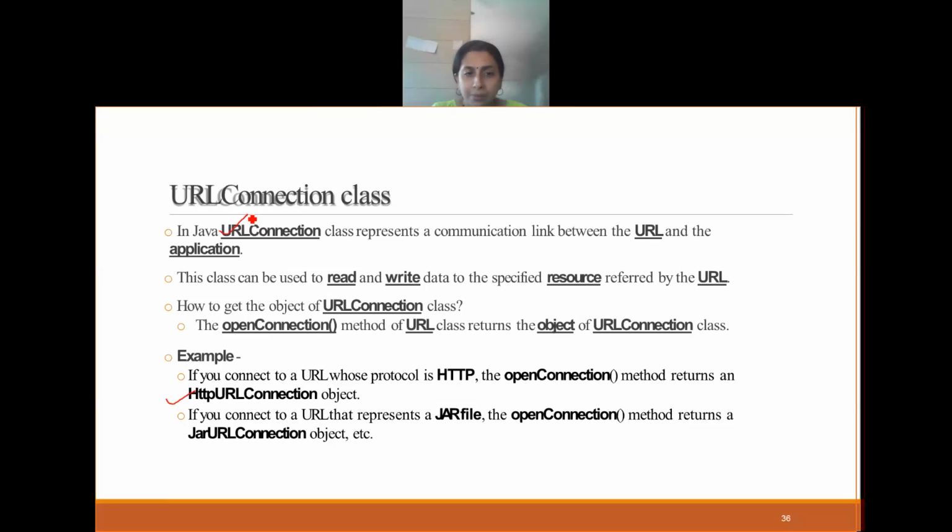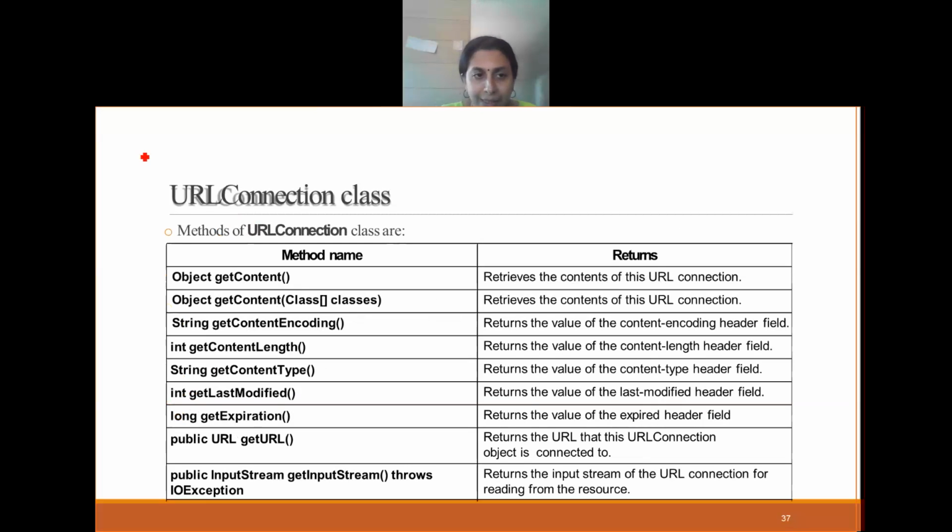Then we have something called getContent. It gives you the kind of content the URL is having. I will be skipping a few things in between. Then getContentLength gives you, in terms of number of bytes, the length of the content that the URL is fetching. Then getContentType: text/html, or even text/plain.